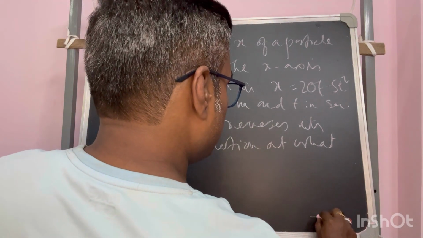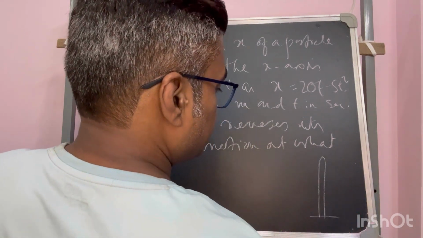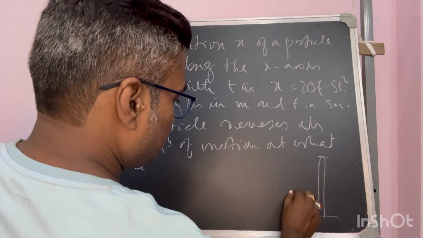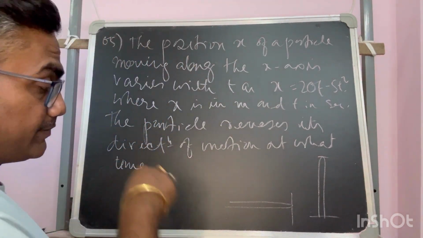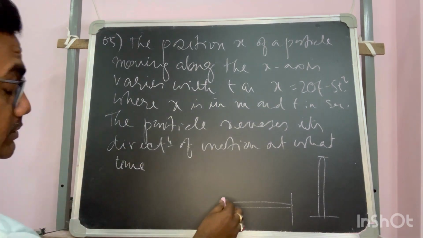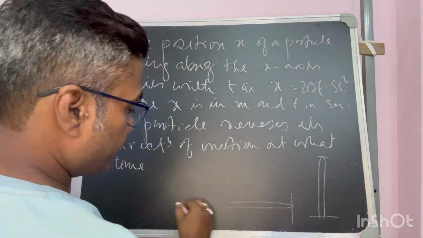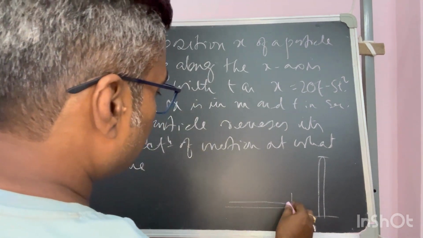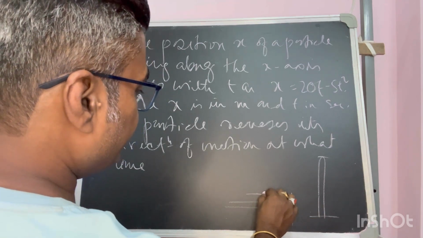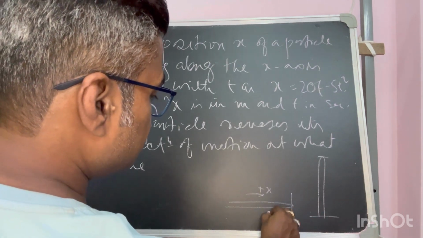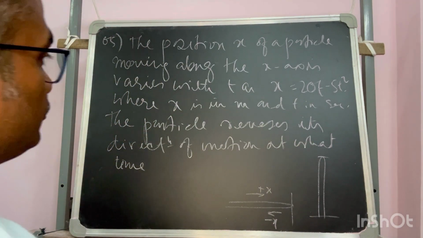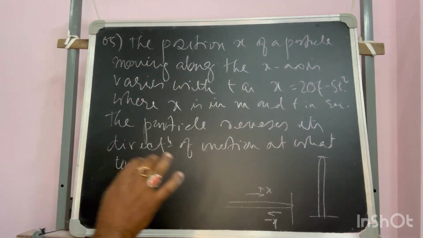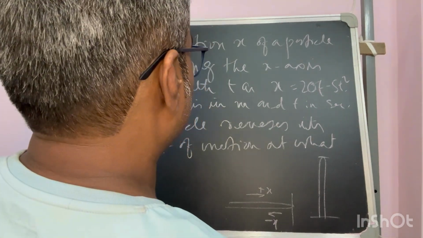That means this is possible for a motion against gravity, or a motion where it rebounds back from something, such as a ball rebounding back from a wall. So if x is positive and it is reversing, x would be negative. So at what time is it possible?